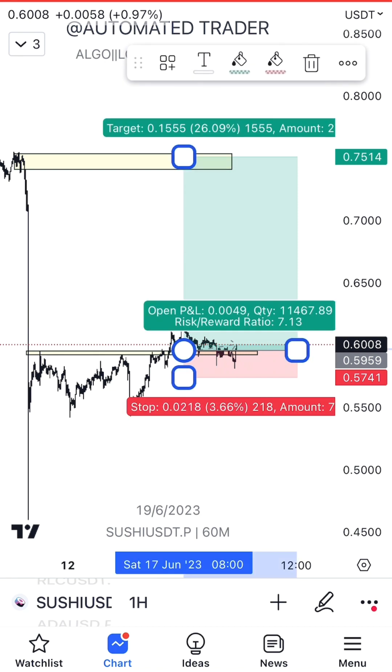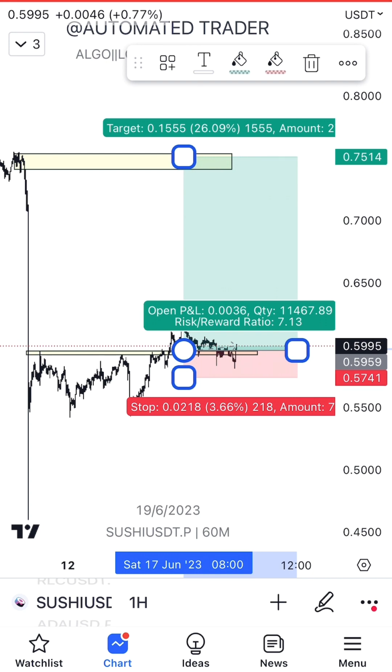If you want to use $100 to place this trade on a 10x leverage, that would give you 3.66, which is 36 percent as your stop loss. If you're using 10x, 36% of $100 is $36, right? Which shows you that if your stop loss hits, you're going to lose $36.